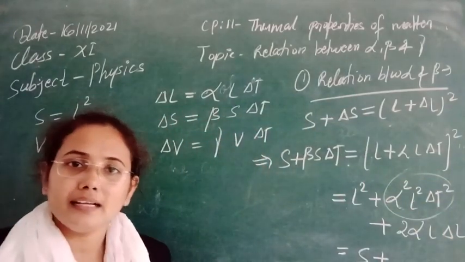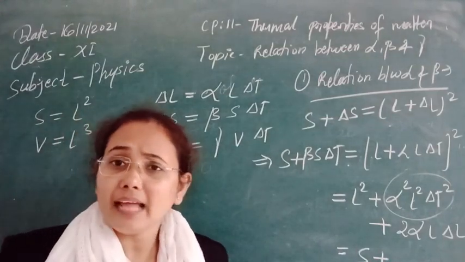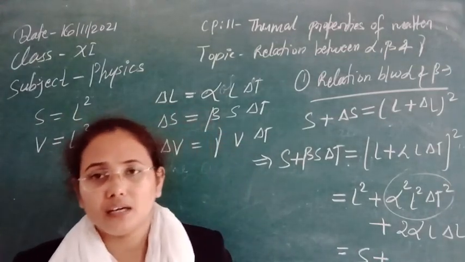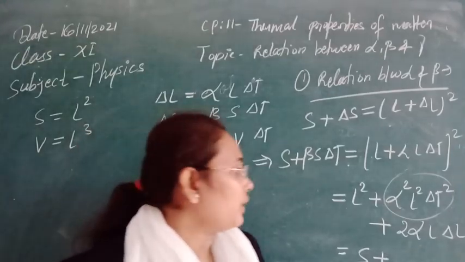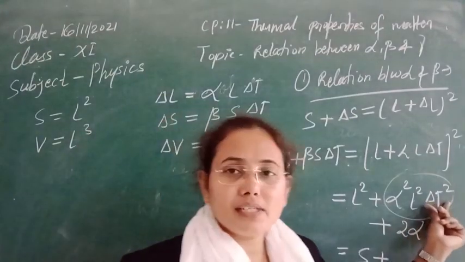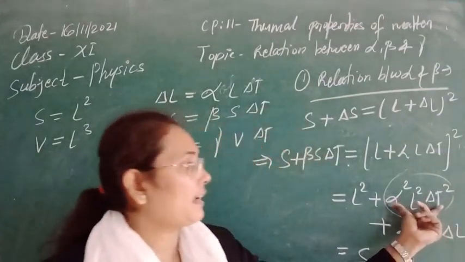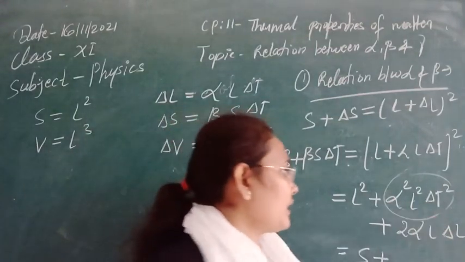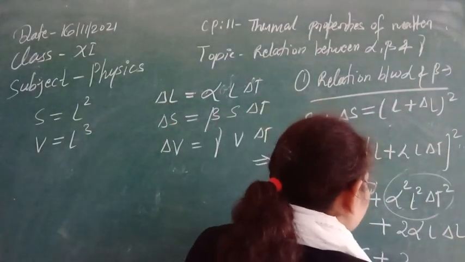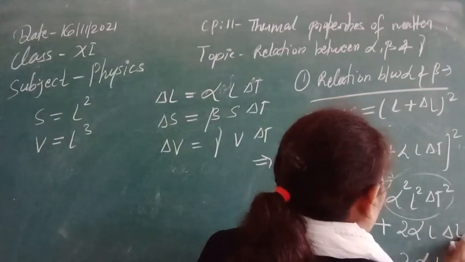As delta T is a very small change in temperature, its square will be extremely small, so we can neglect this whole term. If we neglect the second term, then we have only the term 2 alpha L square delta T.